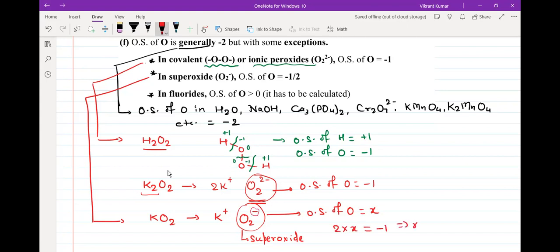And that's why X is -1/2. And that's why in superoxide, oxidation state of oxygen is -1/2. दो मैसेज है. It is not integral, it is negative, and that too is fractional, and it is not -2. Is it okay? So oxidation state can be fractional also.